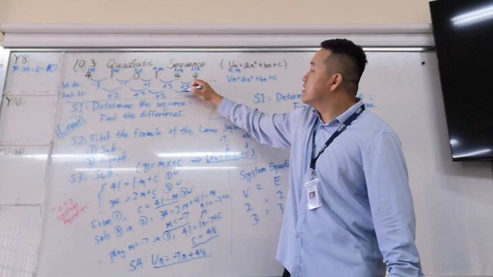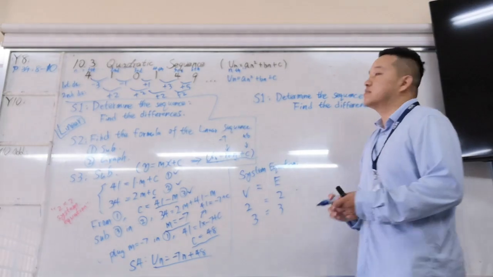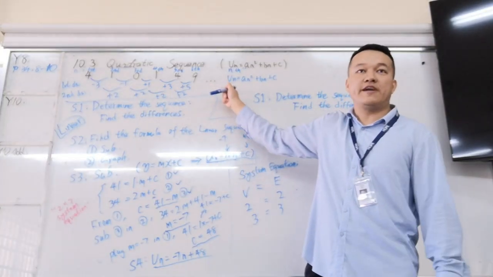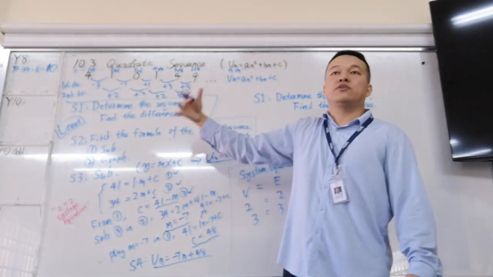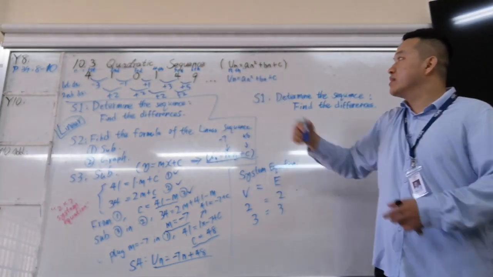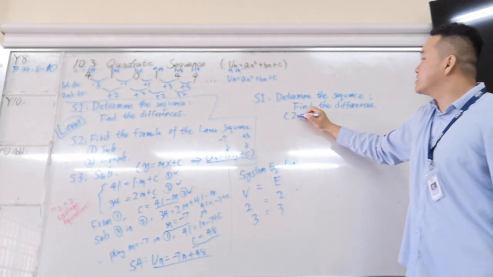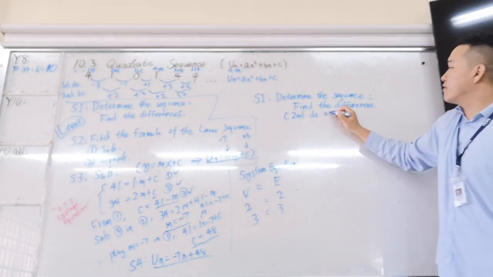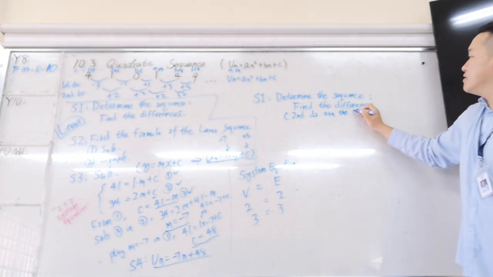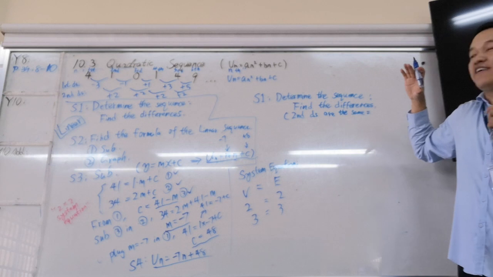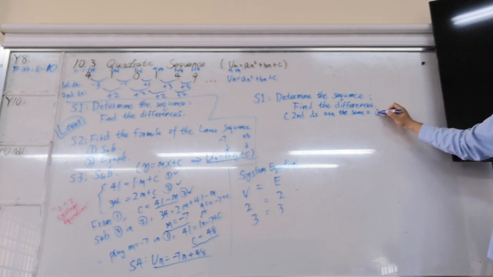Positive 2. Good. So you see that the second differences are the same, and it's telling you this sequence is a quadratic sequence. Second differences are the same. Crazy, right? It's a quadratic sequence.